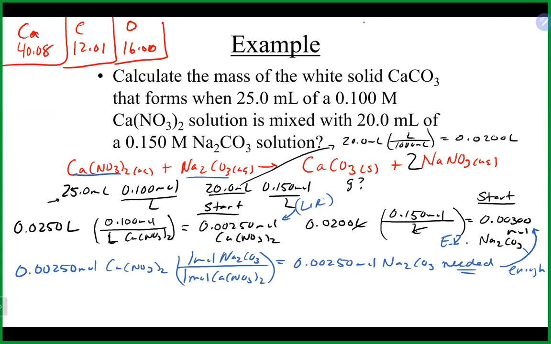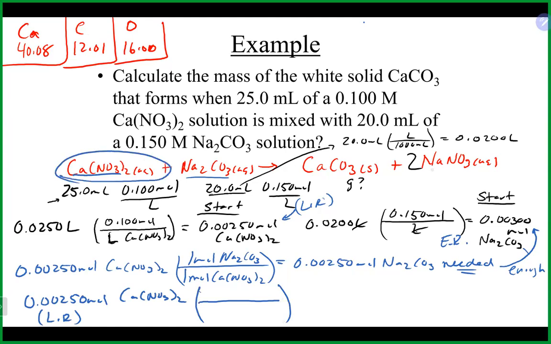Now that I know which one's my limiting reagent, I now can finish up the problem. I'm going to take my starting amount of my limiting reagent. And this is my limiting reagent. And I'm going to do the mole to mole relationship from the equation between my limiting reagent and the product in this case.